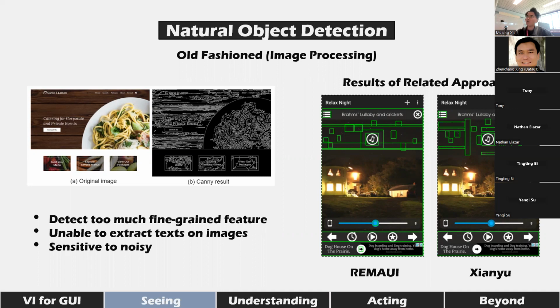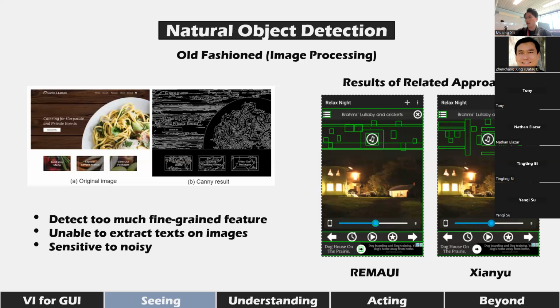But for the old-fashioned, image processing-based approach, the problem is that, traditionally, especially for popular methods, for example the Canny edge detection or Sobel edge detection, they all detect too much fine-grained features. For example, you can take a look at the first image here. It just produces too much texture information, which is not helpful for the detection of the GUI elements at all, right?